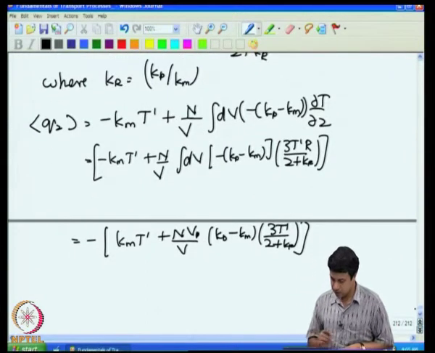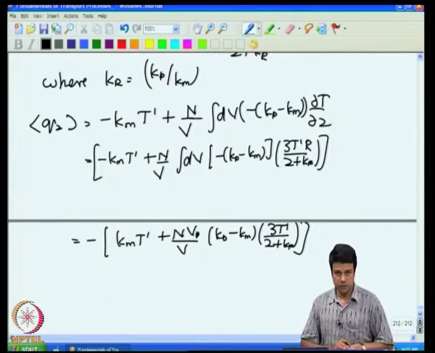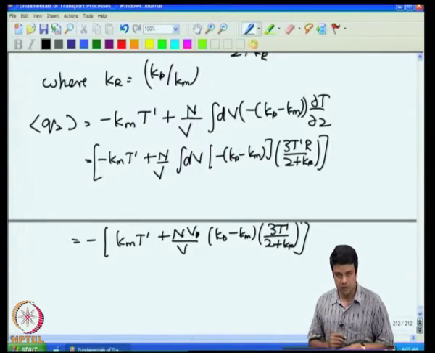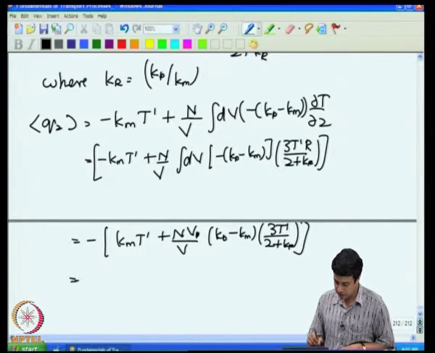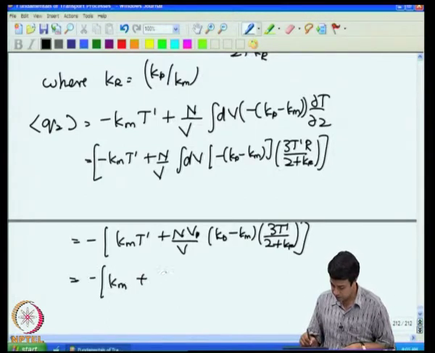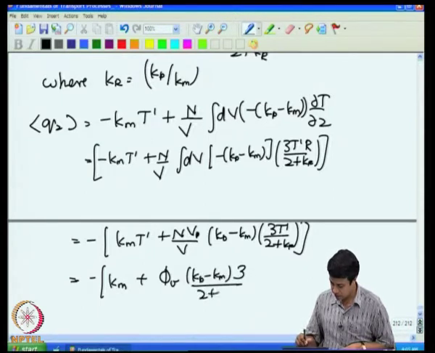The number of particles times the volume of one particle divided by the total volume is just the volume fraction. So this is equal to minus of Km plus the volume fraction phi V into Kp minus Km into 3 by 2 plus Kr into T prime.